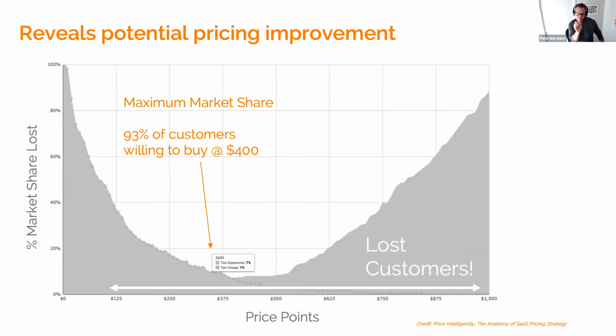Well, right at the very, very bottom of that trench is a price point of $400. And at that point, out of 100 customers surveyed, 93 will buy it. 93%. So that's really our maximum market share point, is at $400. But look what happens. When these 2 curves come together, it actually goes horizontal for a way.